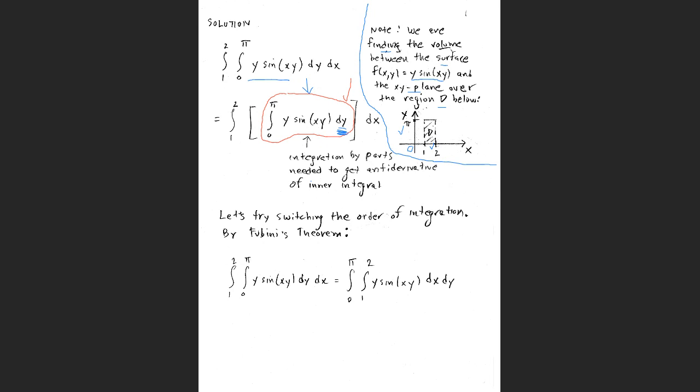So I say here, we're going to need to use integration by parts to get the antiderivative of the inner integral. Why am I saying that? Well, I think of something like this.